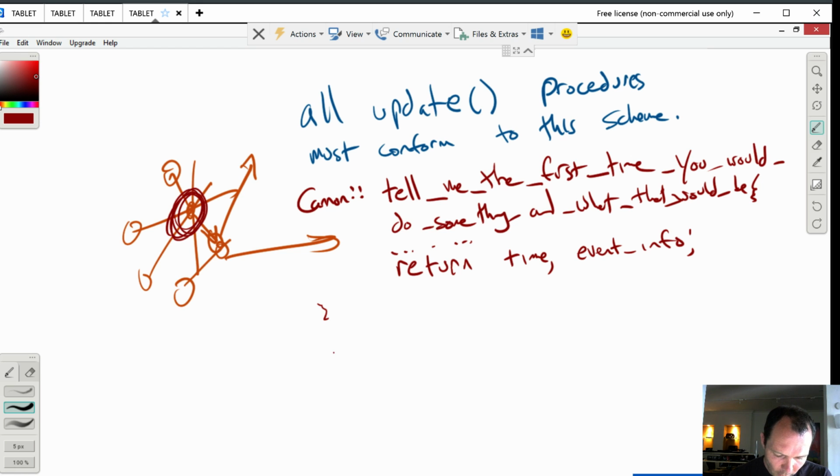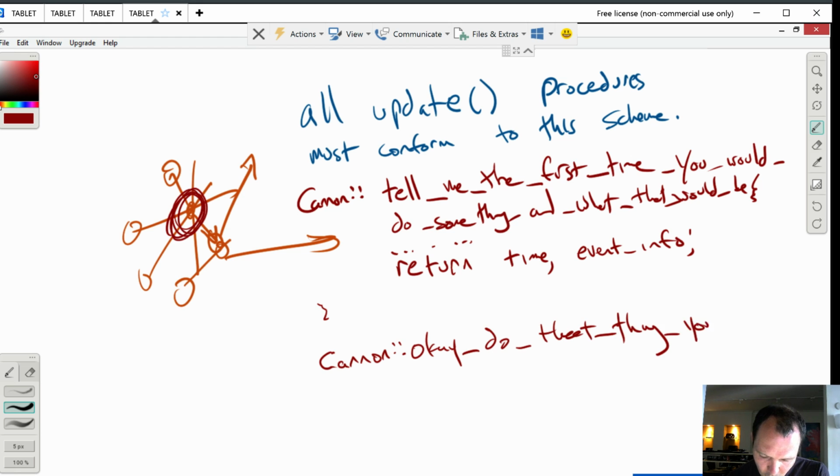it'll say, well, okay, here's one way to structure it, and then we'll talk about another way. It'll call this other member function, called something like "do that thing you said," whose parameters are time and event info.